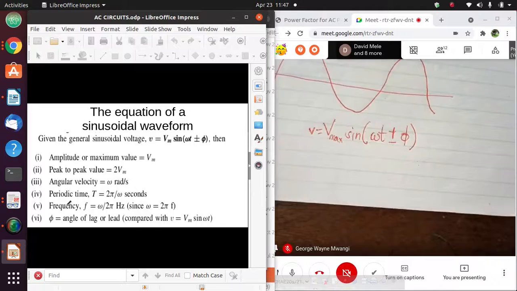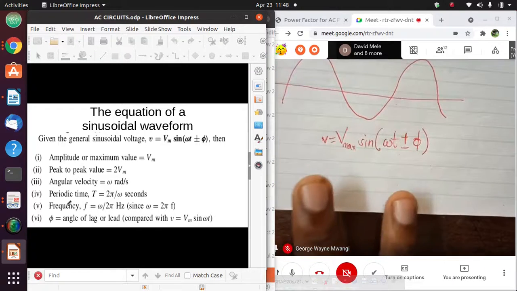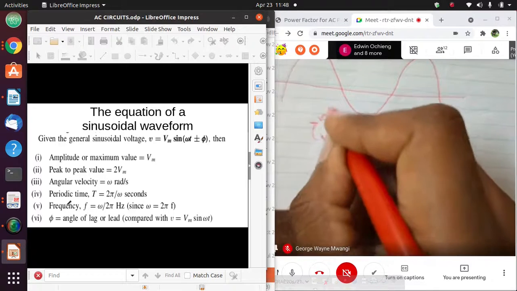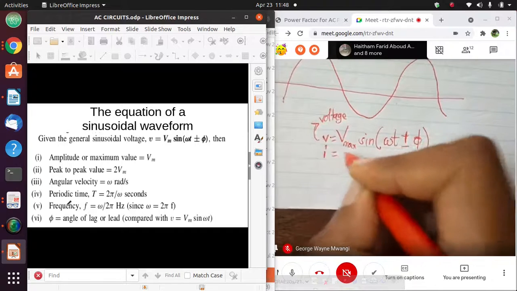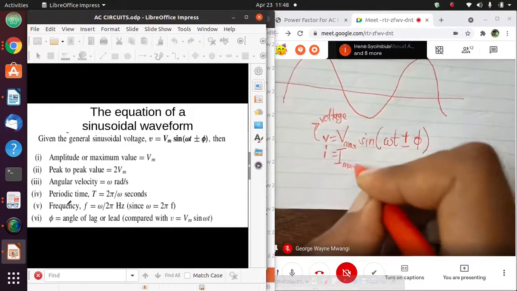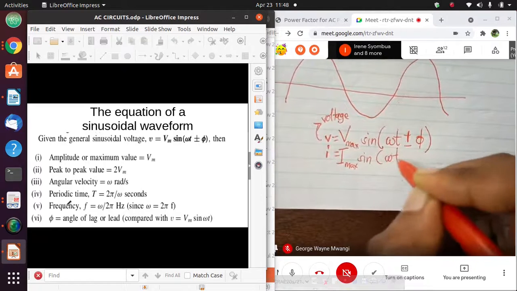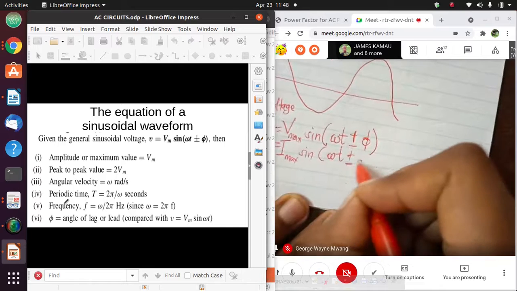Now I want to explain what this means. This is the general sinusoidal equation. Now in this case ni ya voltage. Kama ungekuwa unaongea mambo ya current, ingekuwa small i is equals to capital I maximum sine omega t. This is not W, we need omega. Naito omega plus or minus this angle.